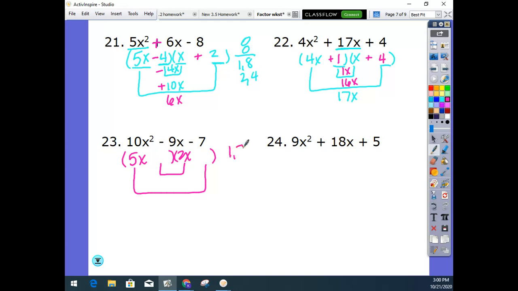You can only use 1 and 7. Put them somewhere. Try it, see if it works. I need to subtract to get negative 9.